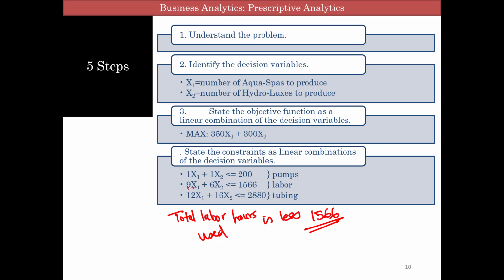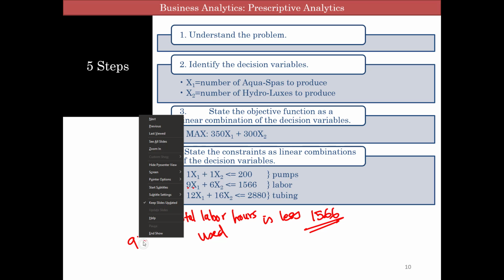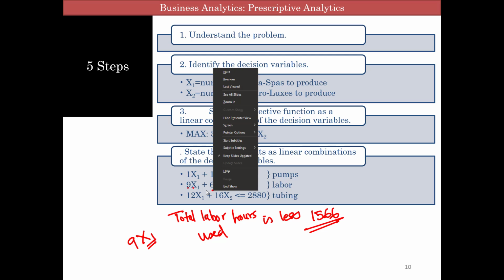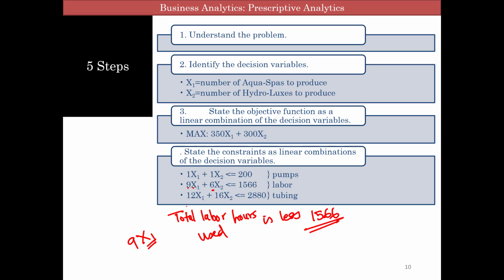If you produce 10 Aquaspas, it's 9 multiplied by 10, right? So for Aquaspas it is 9 multiplied by x1, because this is the number of Aquaspas. Similarly, for Hydroluxes, it's 6 multiplied by x2, right? So this is the total labor hours here.